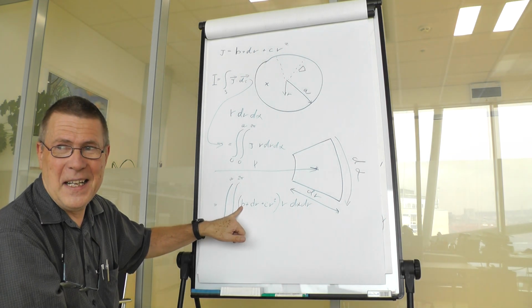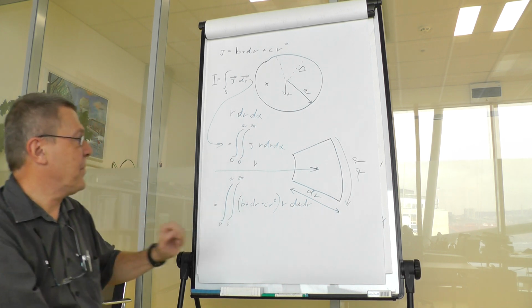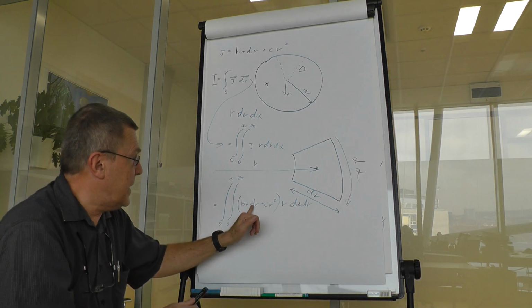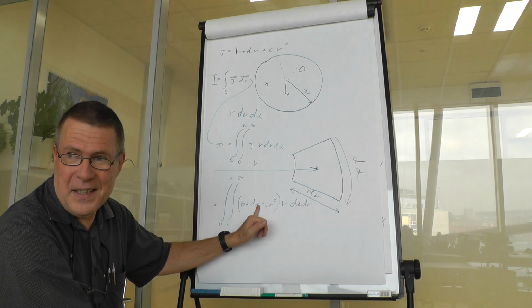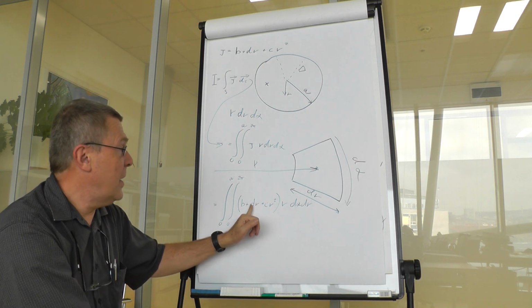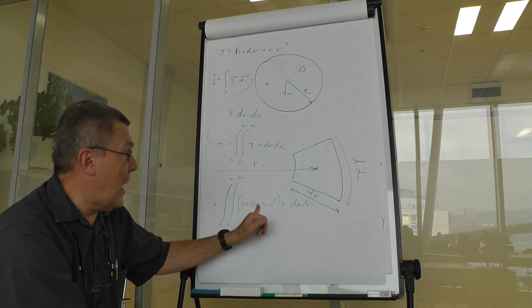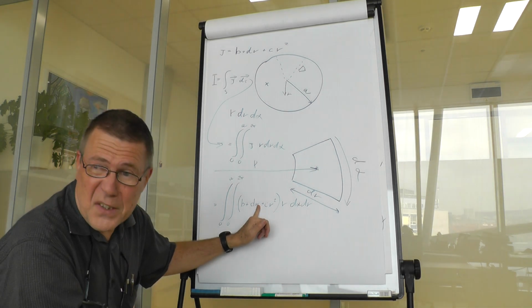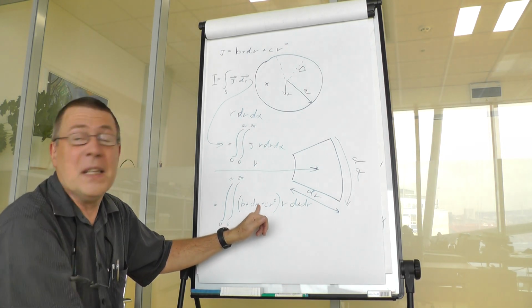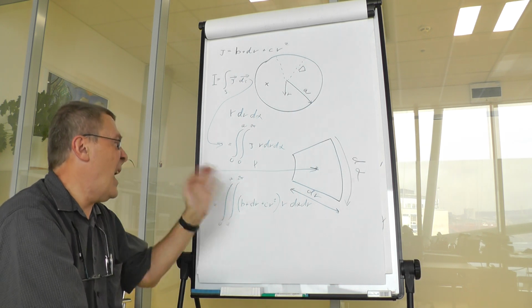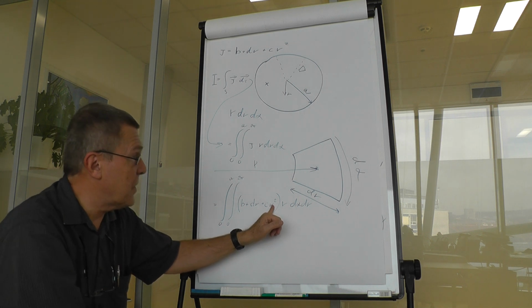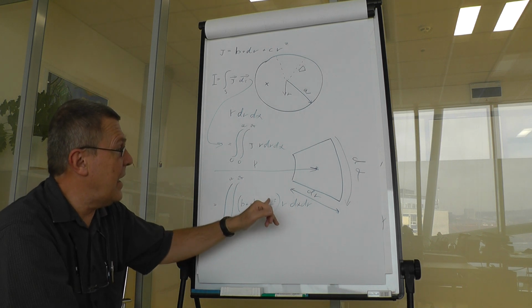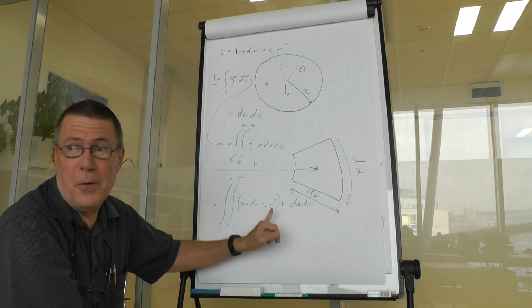No objection? Then I will get the dr squared, which I integrate and get dr raised to the third order divided by 3. And then I integrate cr raised to the third order and get cr raised to the fourth order divided by 4.